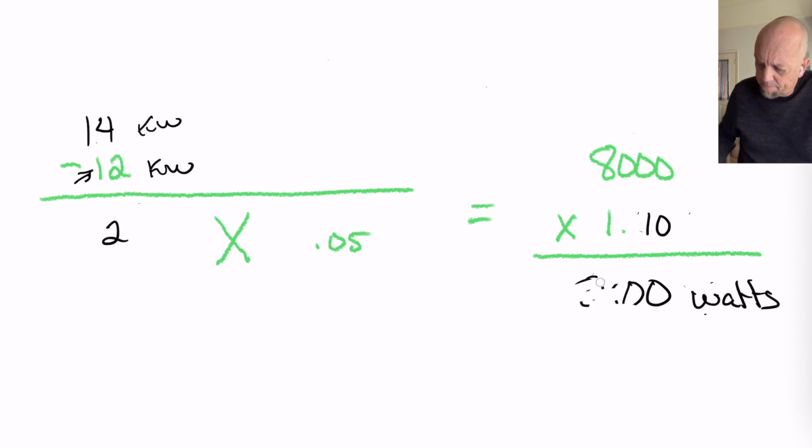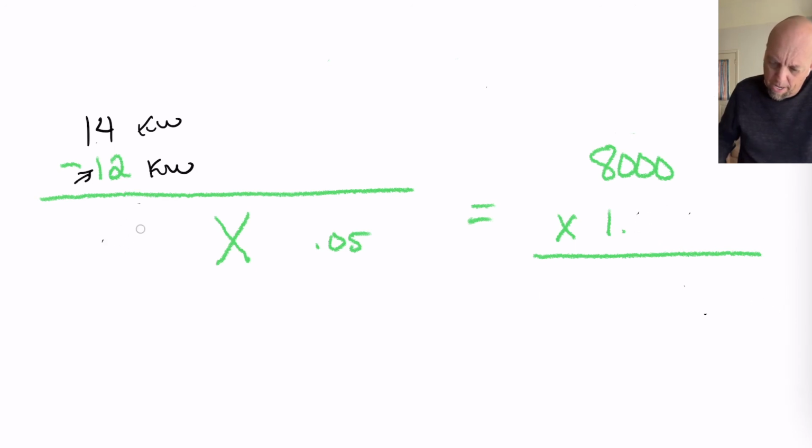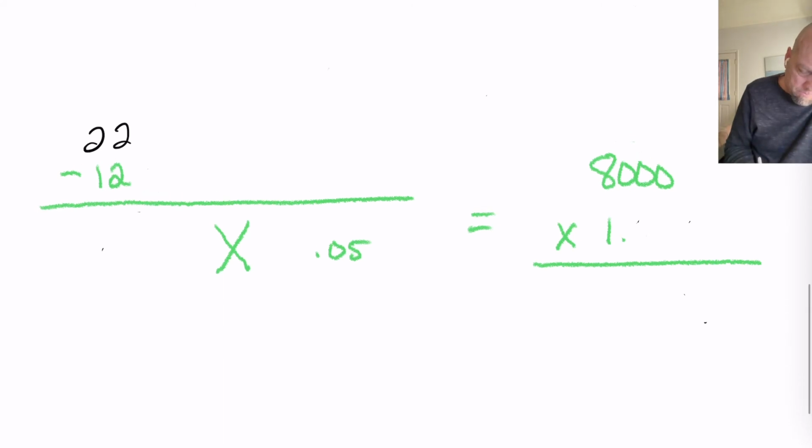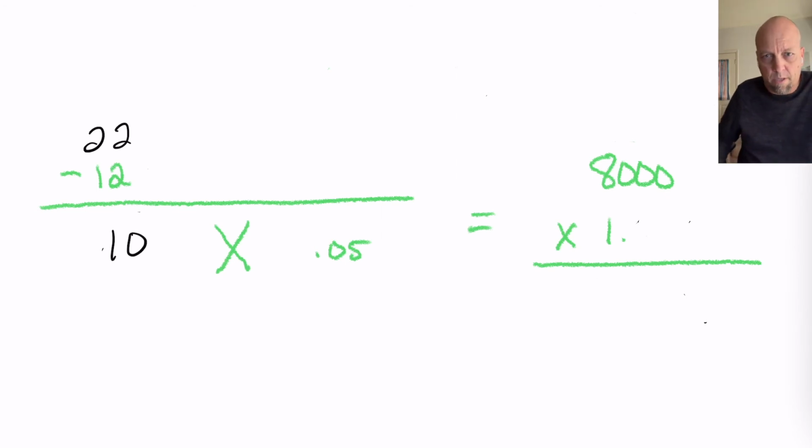Let's erase all this stuff, and we can put any number in here. Say you had a 22 kW range. Subtract 12 from it, that's 10. Multiply it times 0.05, which would end up being 0.5.